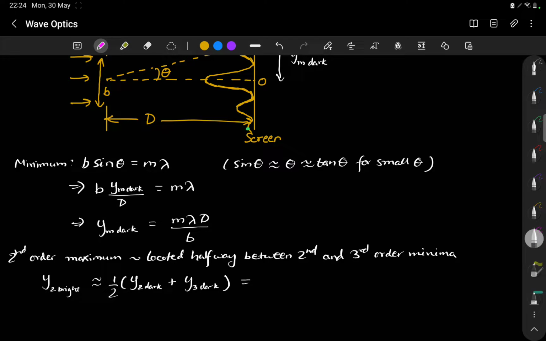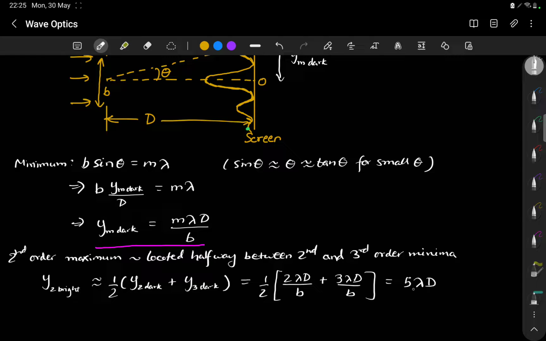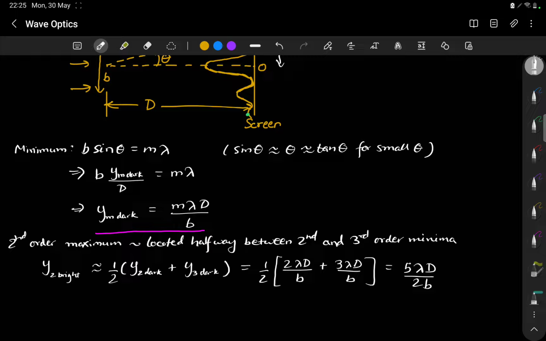We have this expression for minimum. We can put it over here to get the wavelength of light as follows.